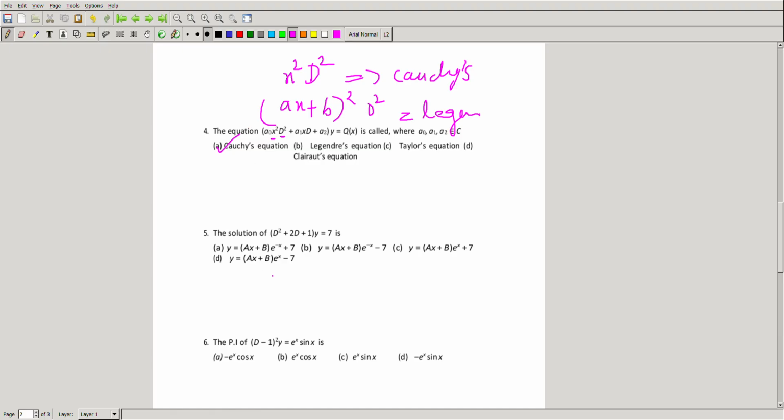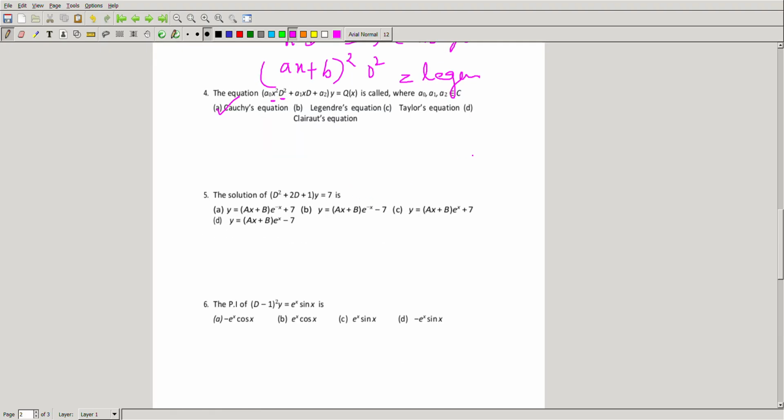And this one, I'll tell you one important thing. For particular integral we have so many cases. One is, if the right hand side is e power ax, D should be replaced by a. If the right hand side is sin ax or cos ax, this is the concept: D square should be replaced by minus a square.